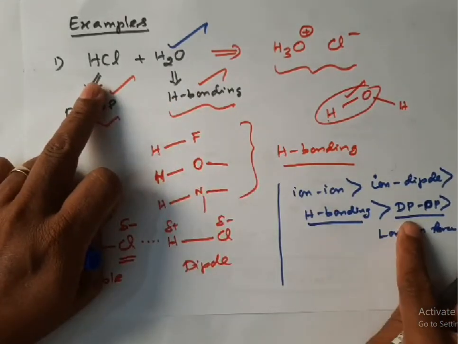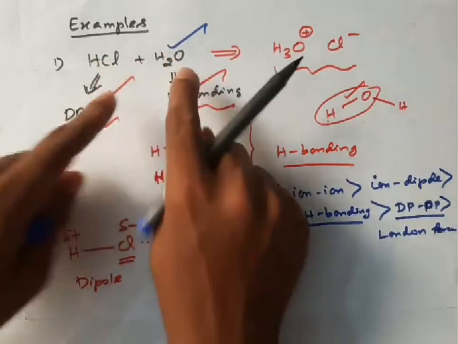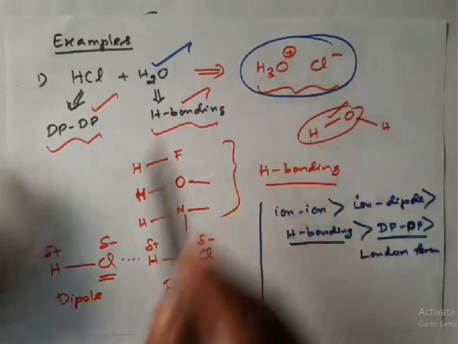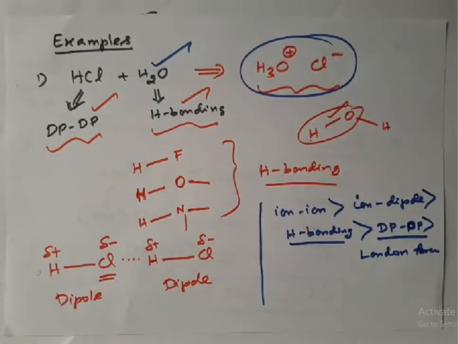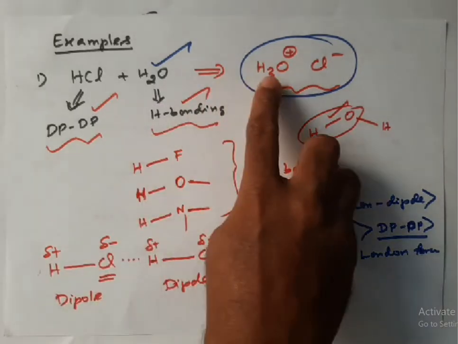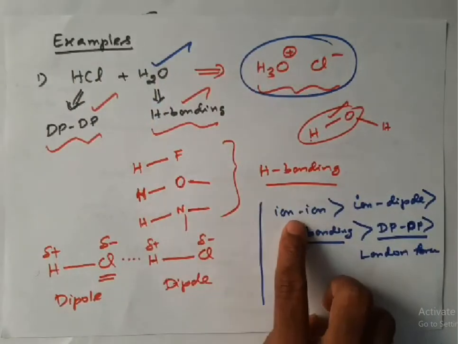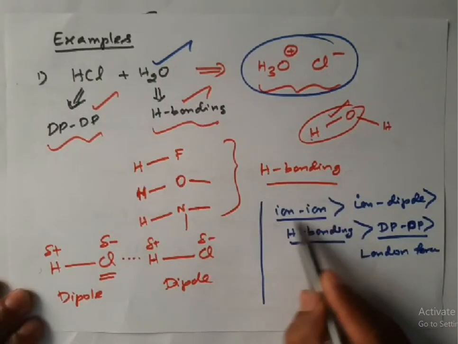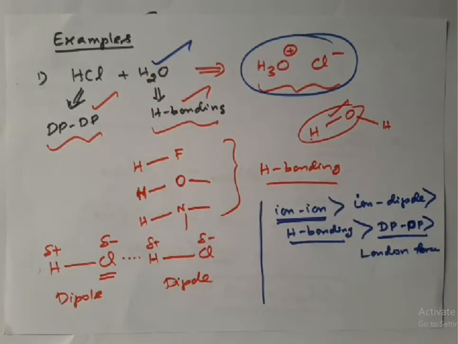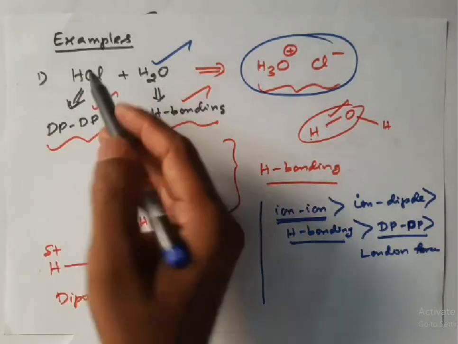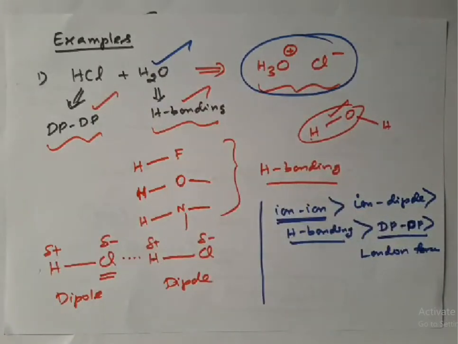So here in the given liquid pair, the water molecule shows hydrogen bonding, HCl shows dipole-dipole attraction. Now after mixing these two, students, what we are getting here are ions, right? I am getting hydronium ion and chloride ion. Ion attraction is very strong, you know very well. So after mixing these two I am getting AB, and AB attraction is very strong.